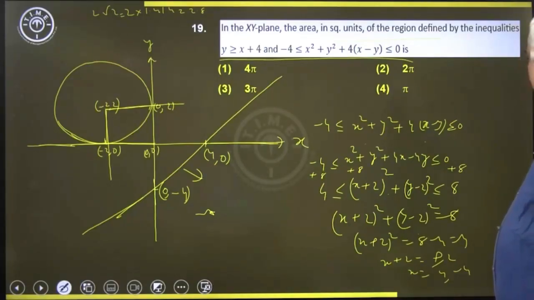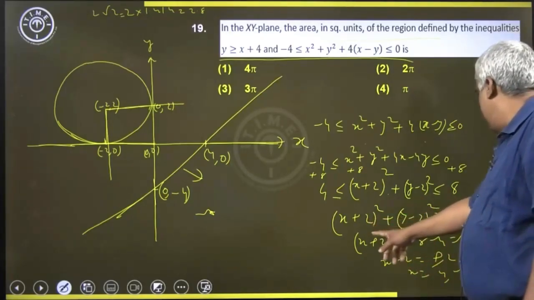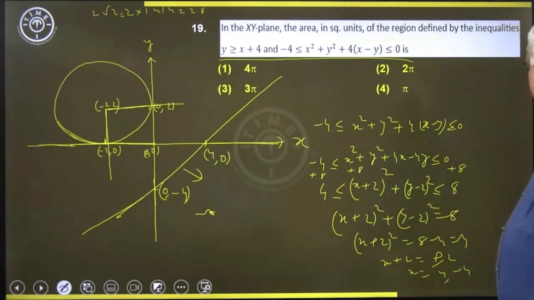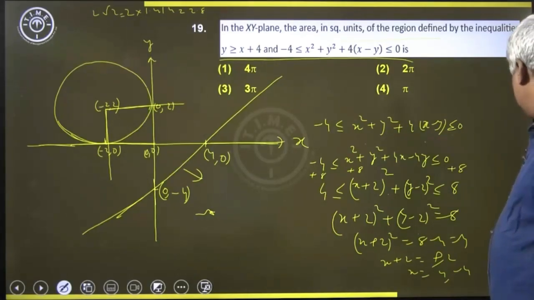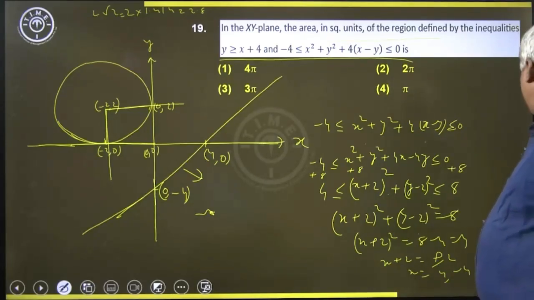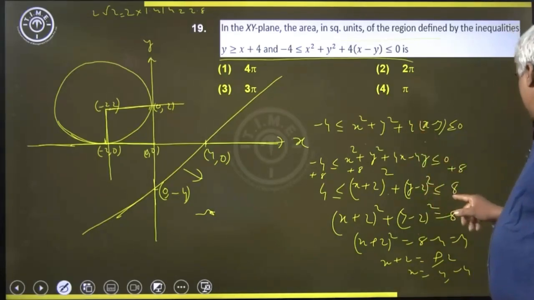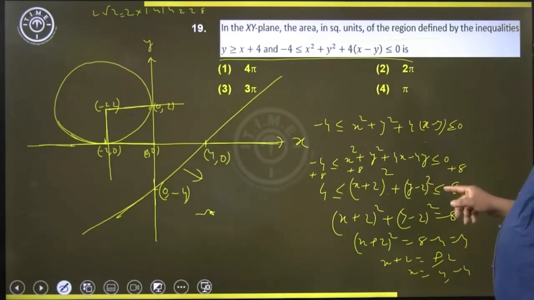But why is (4, 0) not satisfying here? 4 plus 2 is 6, squared is 36, and 4.